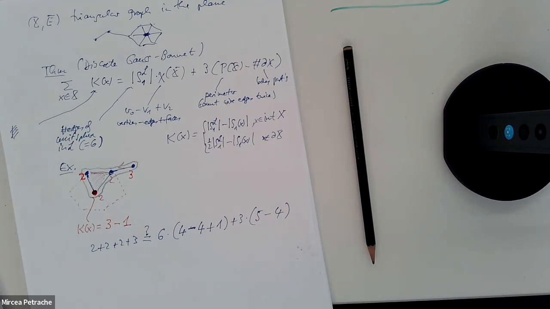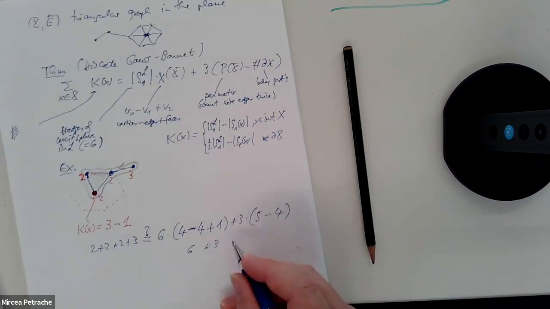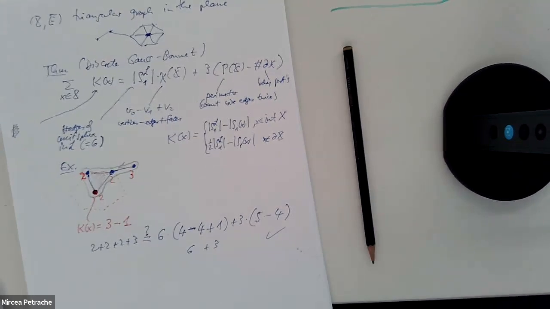Okay, so now this is 6 plus 3, which gives 9, and on the left we have 2 plus 2 plus 2 plus 3, which is also 9. So that's an example of how this works.